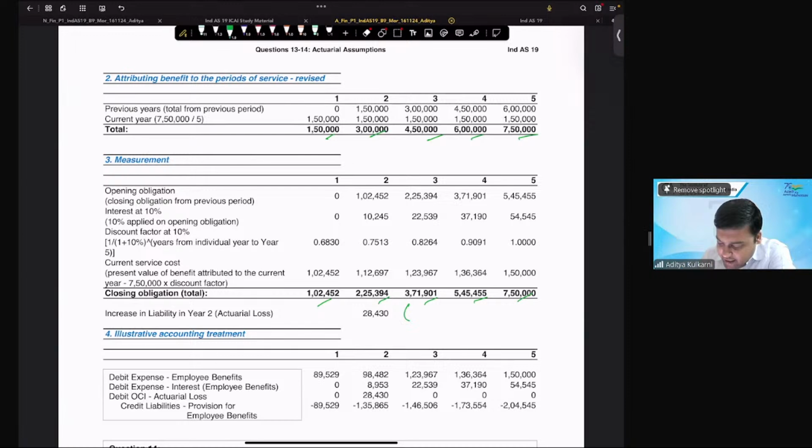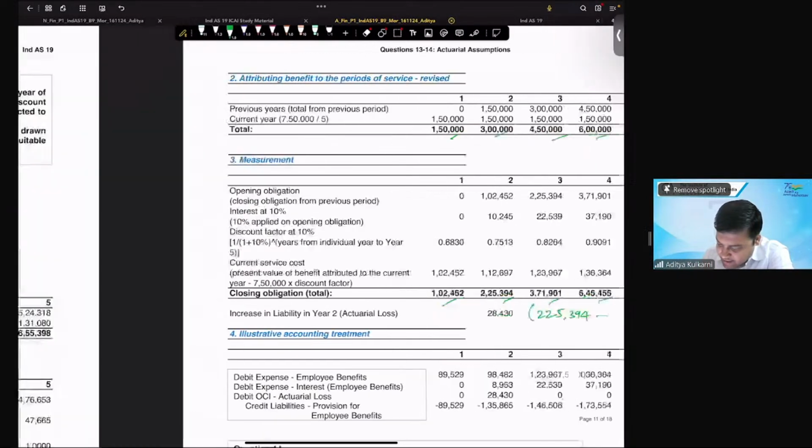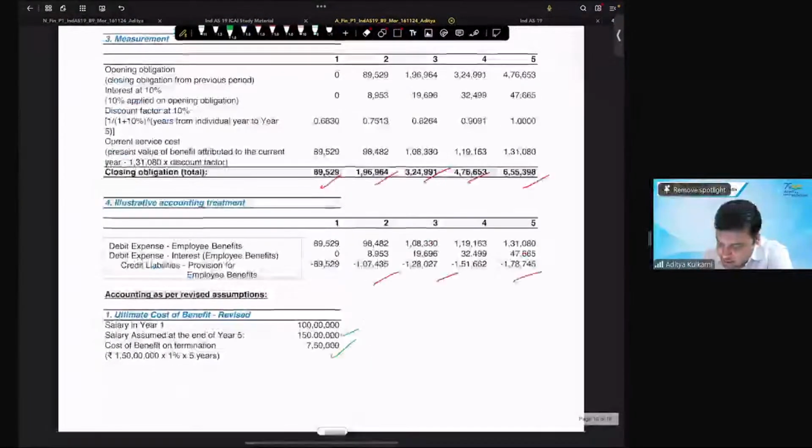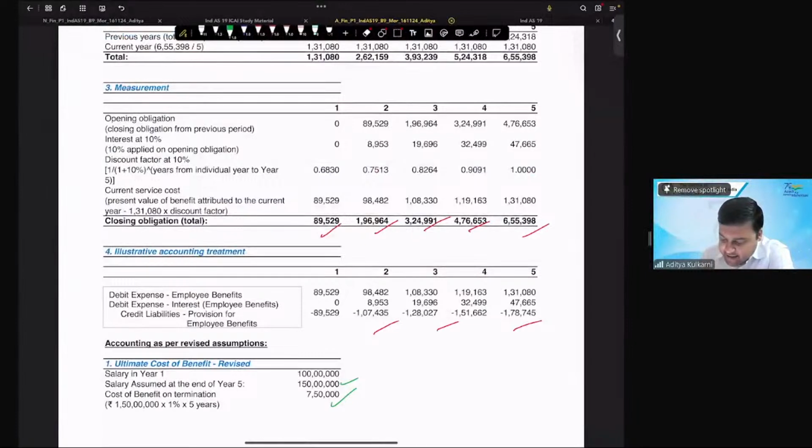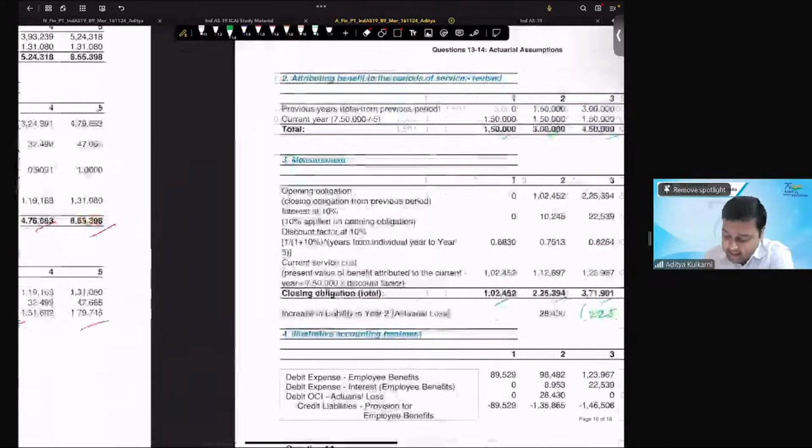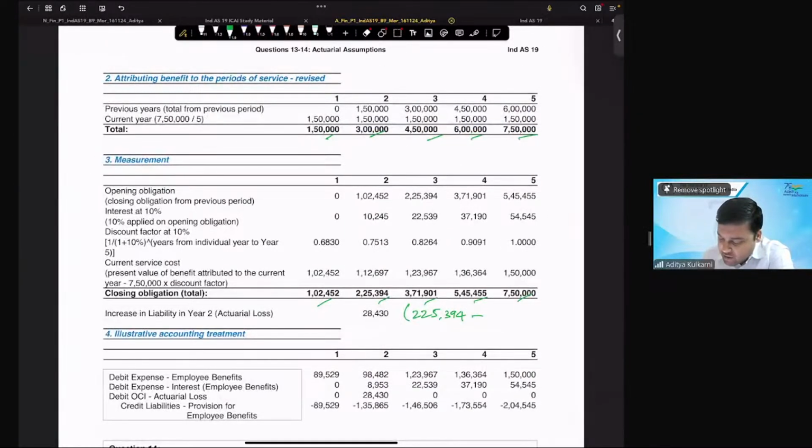What is this 28,430? This is 225,394 minus 196,964, this figure, because under the original plan it was 1,96,000, but now it is 2,25,000.